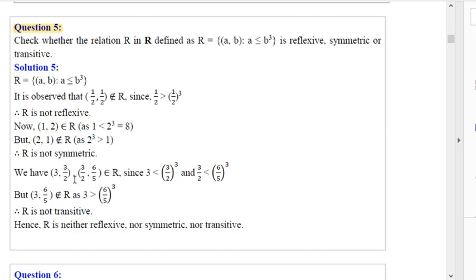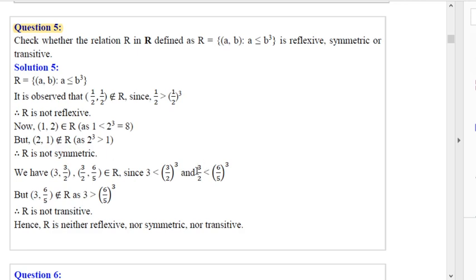Now transitivity. For transitivity we can go through with the help of fractional numbers. See, 3 comma 3 by 2, and the next pair 3 by 2 comma 6 by 5. These all numbers belong to the real set. And 3 is less than 3 by 2 cube, and 3 by 2 is also less than 6 by 5 cube.